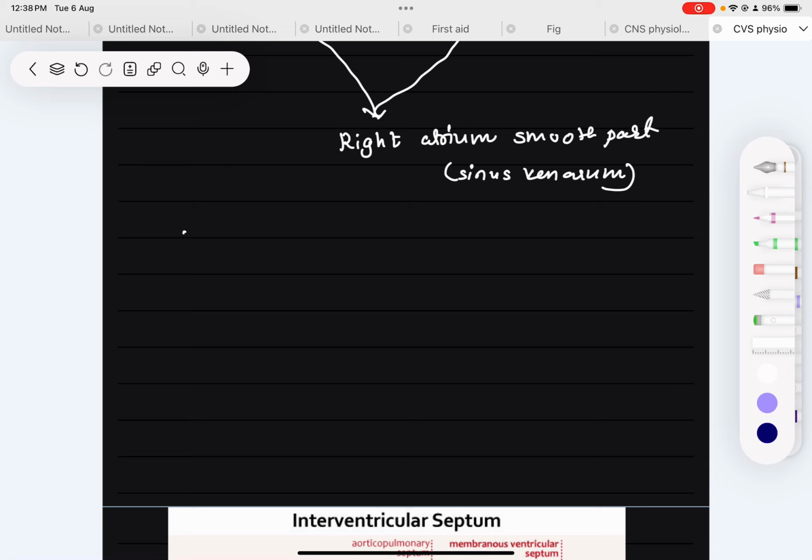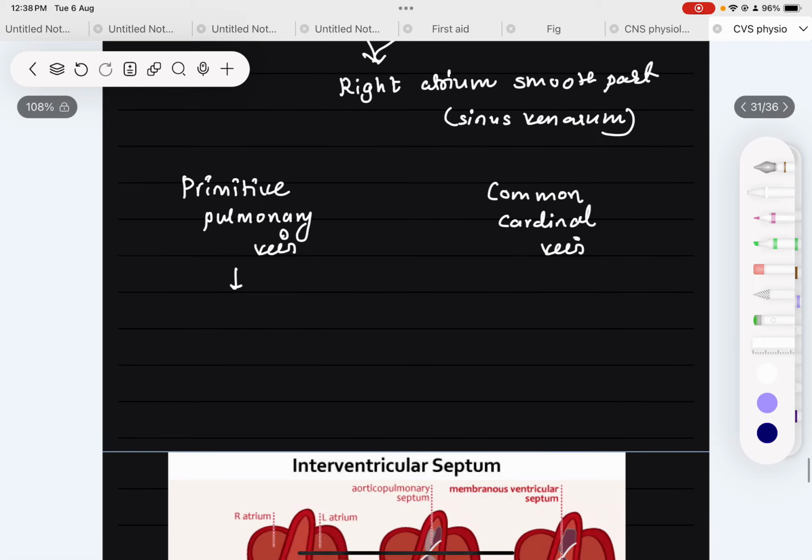Now there are some veins: the primitive pulmonary vein and the common cardinal vein. This primitive pulmonary vein will form the left atrium smooth part. Remember, it is a vein which is forming the left atrium.